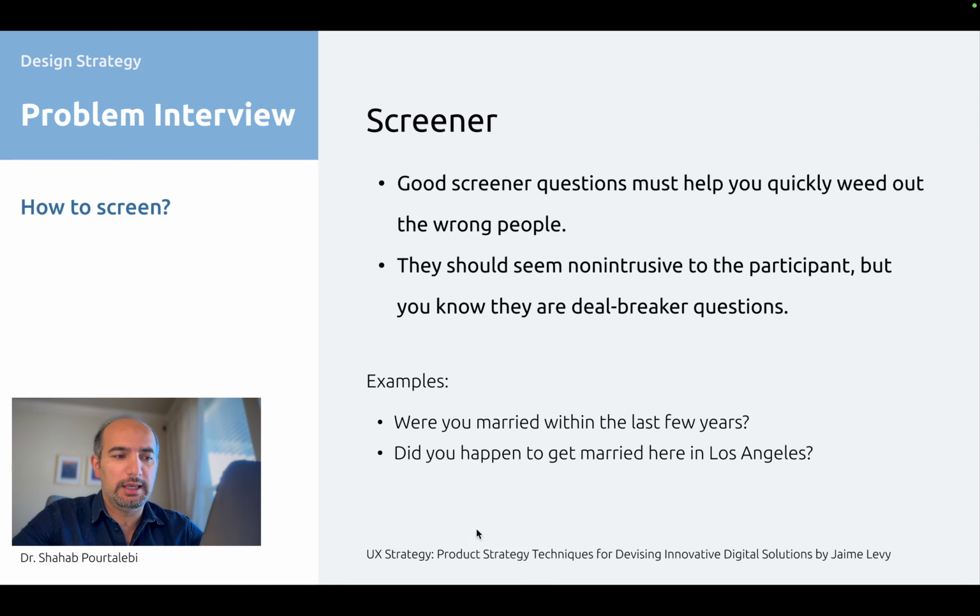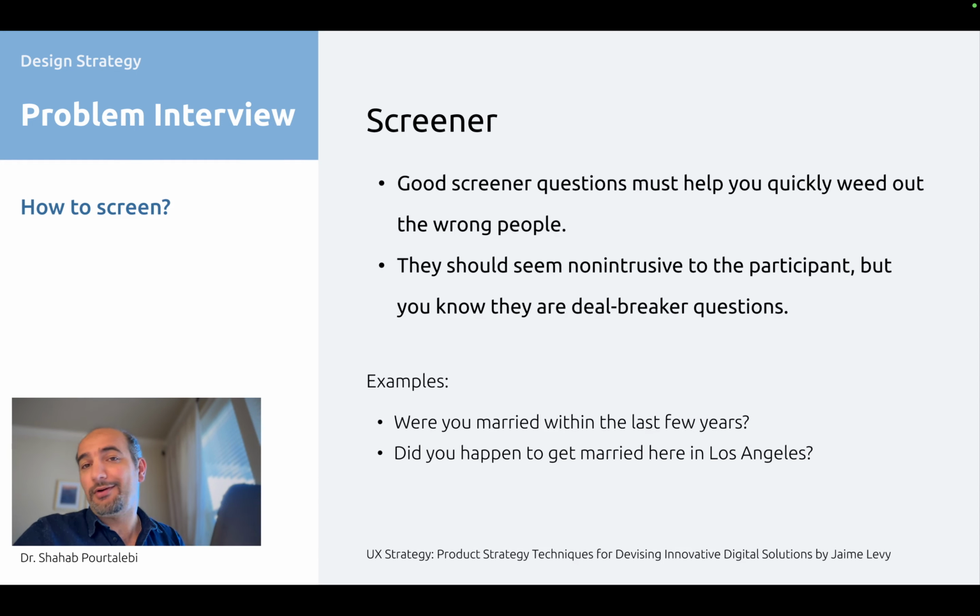So the second question is: did you happen to get married here in Los Angeles? Because if they got married in, for example, Mexico or another place, they are not dealing with the things that we are trying to address. The problem might be totally different. That's why we ask those screener questions.